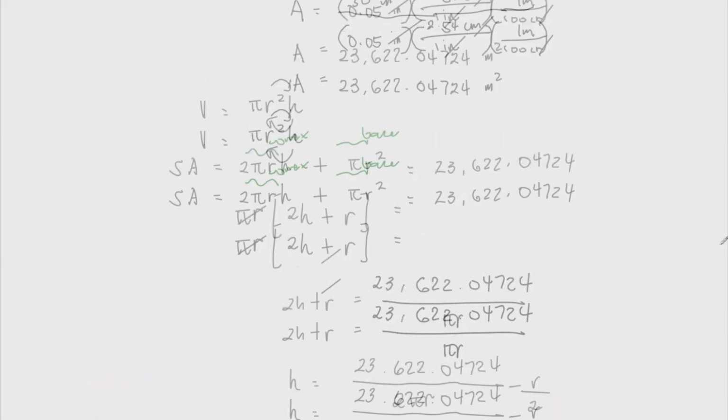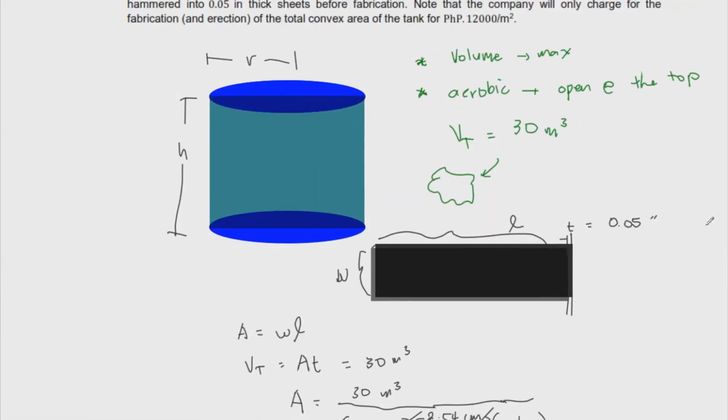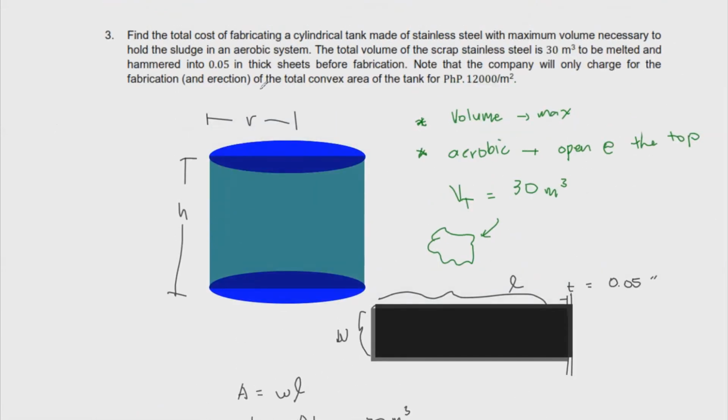So again, a convex area is an area that gives you a convex figure. Any figure that gives you a non-concave shape will give you, of course, a convex shape. Convex figures are like this. They are something like protruding on the surface, and a concave is something like this.